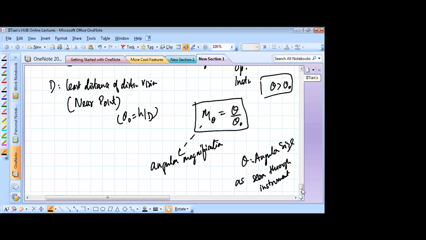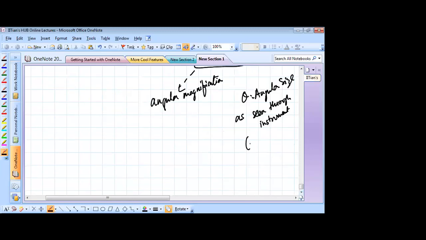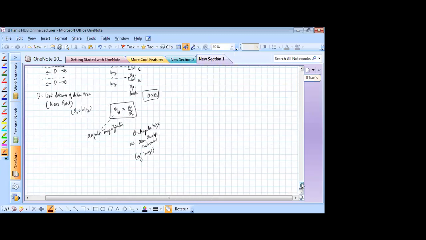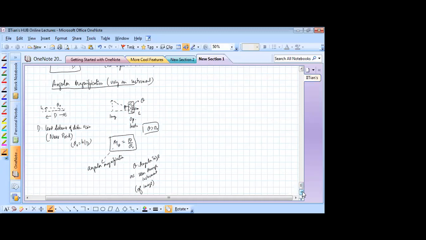But remember, what we are seeing through the instrument is the image. We're not seeing the object directly. We're seeing some kind of an image of the object, and we are getting the illusion of seeing that image. So that has an angular size which is greater than the maximum angular size that we can see without any aid of instrument. So that ratio is called the angular magnification.